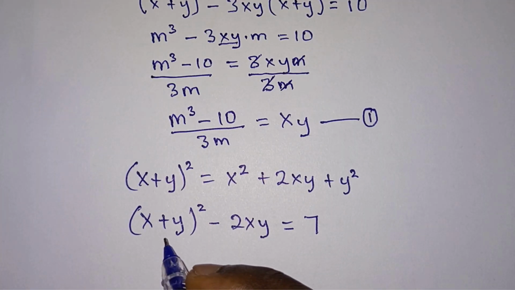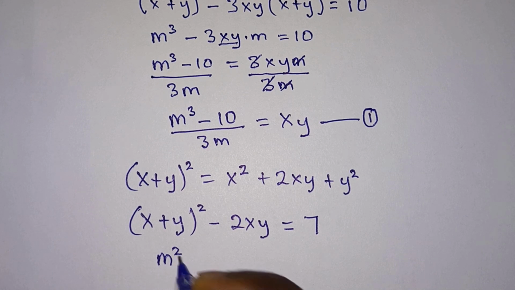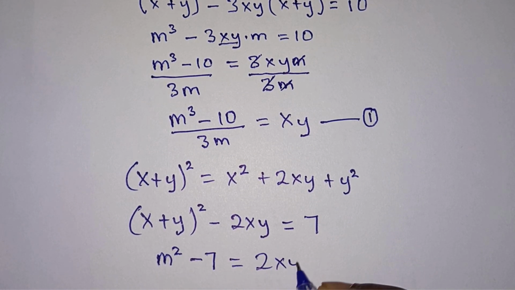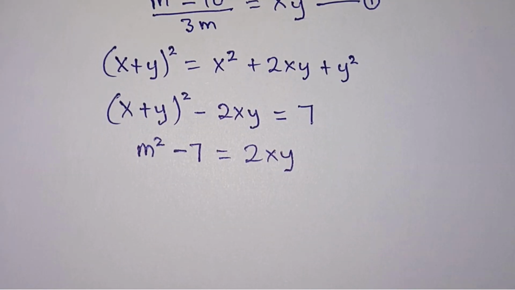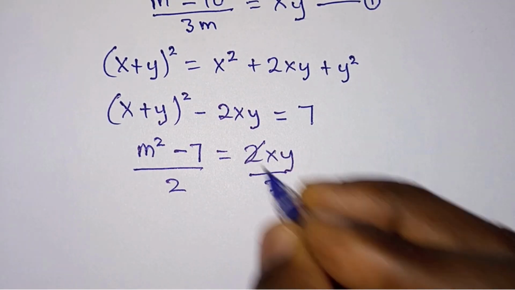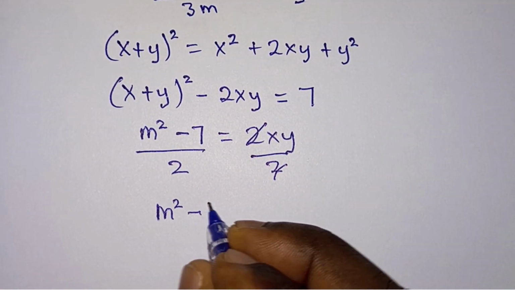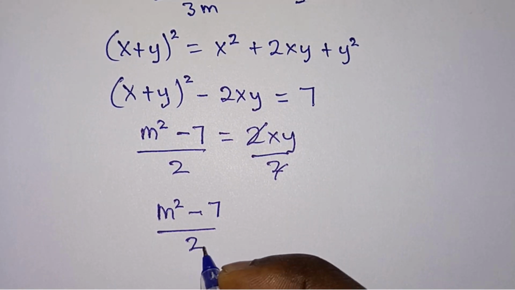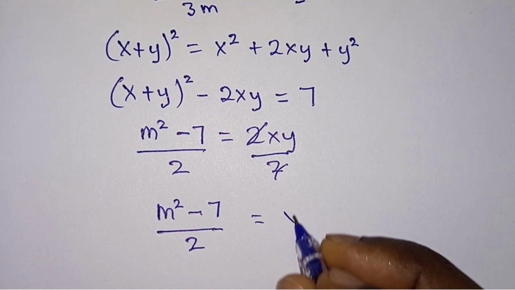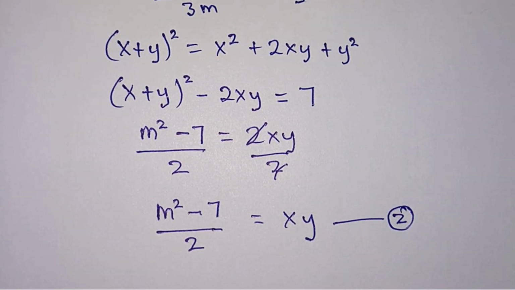And we know from equation star that x plus y is equal to m. So we're going to have m to the second power minus 7 is equal to 2xy. Then we will divide each side of this equation by 2, so that this and this will go. We have (m to the second power minus 7) divided by 2 is equal to xy, and we will call this equation 2.